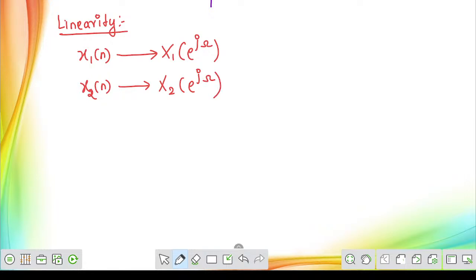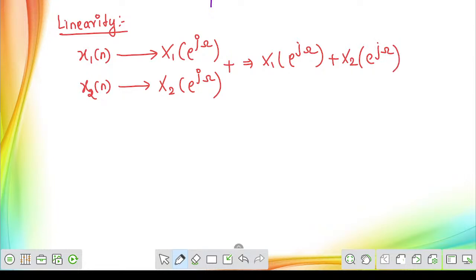Now from the linearity property, first we are passing the signals x1 of n and x2 of n separately, and if we club these two signals together, then what we get is x1 of e power j omega plus x2 of e power j omega.